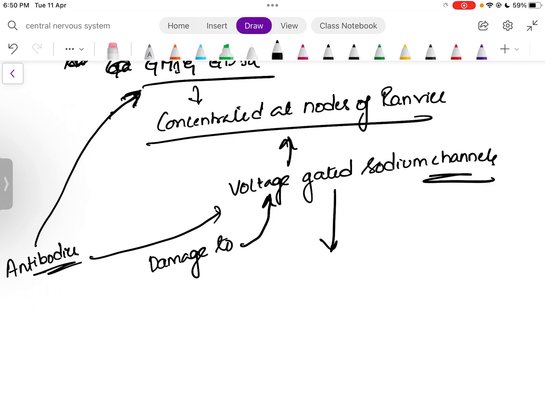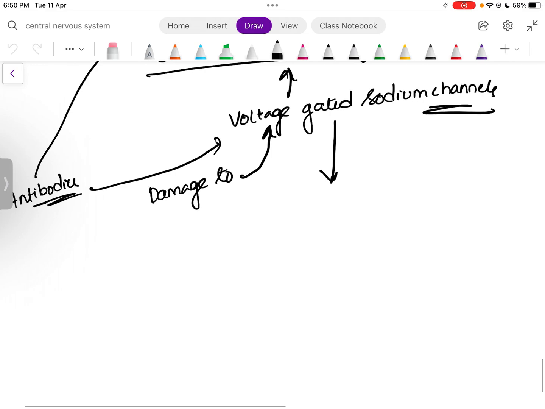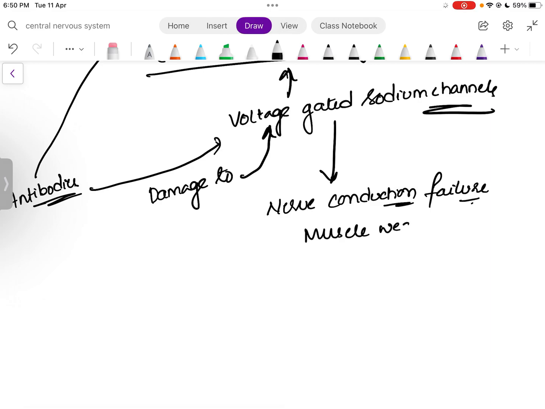If these voltage gated sodium channels are damaged, there will be nerve conduction failure. That is, action potential cannot be generated, and the patient will have muscle weakness. This is the cause of muscle weakness in Guillain-Barre syndrome.